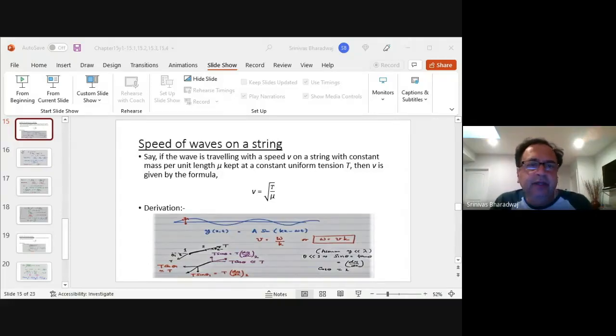Now, when it comes to the speed of sound, sound is a little different. What is sound? Sound is a longitudinal wave. So what does that mean?